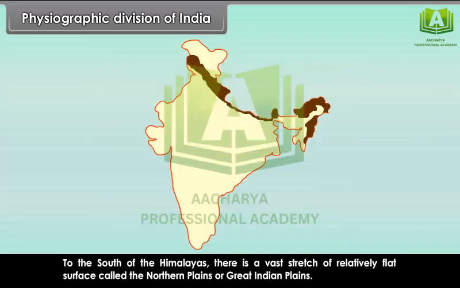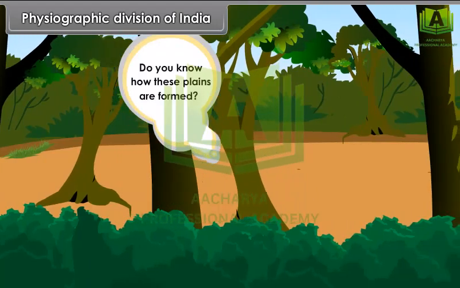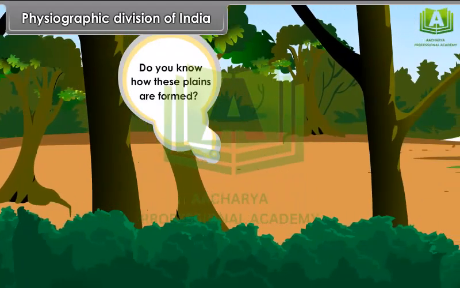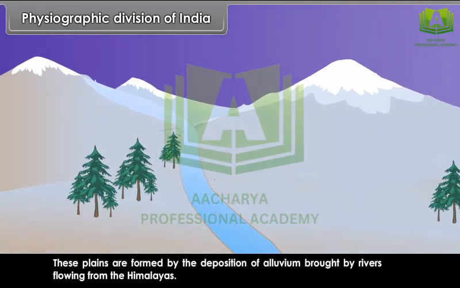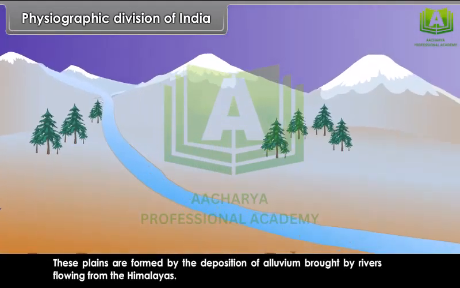To the south of the Himalayas, there is a vast stretch of relatively flat surface called the Northern Plains or Great Indian Plains. Do you know how these plains are formed? These plains are formed by the deposition of alluvium brought by rivers flowing from the Himalayas.